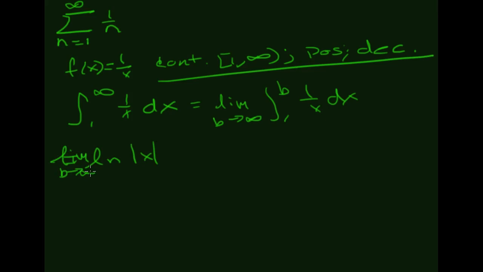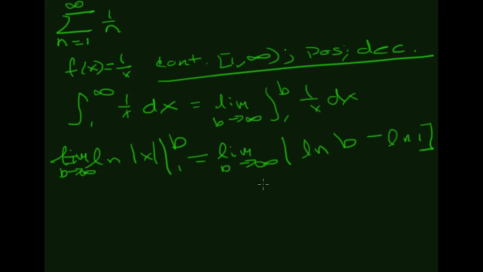The limit as b approaches infinity of the natural log of absolute value of x from 1 to b. So this is going to give me the limit as b approaches infinity of the natural log of b minus the natural log of 1. But the natural log of 1 is 0, and the natural log going to infinity is going off to infinity.